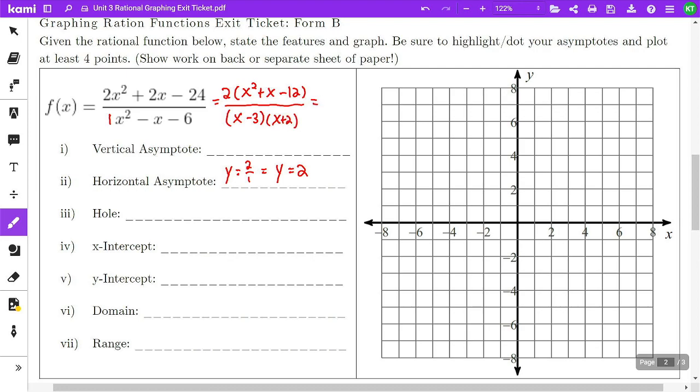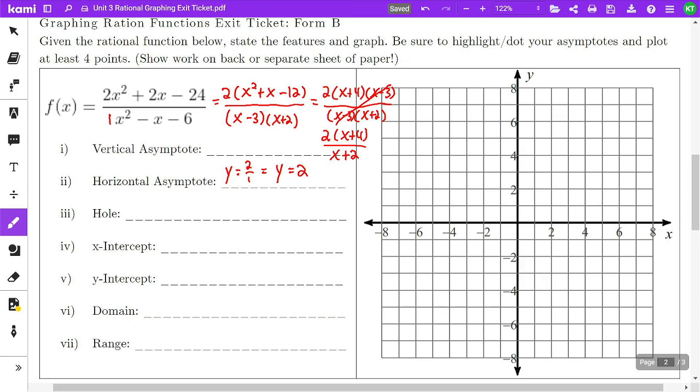And I'll simplify my top further to be 2 times x plus 4 times x minus 3 divided by x minus 3, x plus 2. My x minus 3's will cancel out, so my simplified form of my function will be 2 times x plus 4 divided by x plus 2.